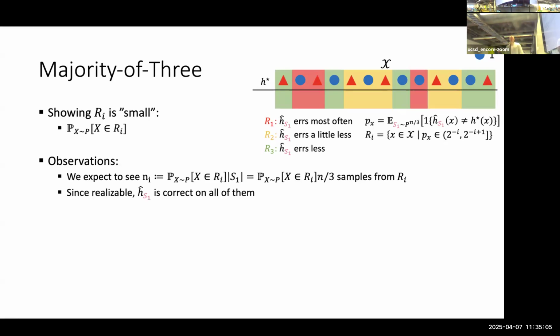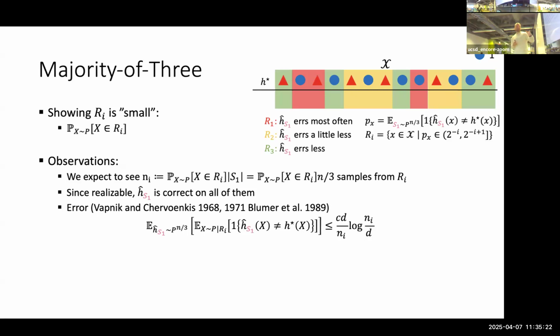Now, one important point is that since we're in this realizable case, the hypothesis we train is going to be correct on all of its training data. In particular, it's going to be correct on those ni points that it sees from this region and everything else as well. If we use the original analyses for ERM and look carefully at what it's doing, it's proving a so-called uniform convergence bound. It's basically saying everything that's correct on all the training data has a small error under this distribution.